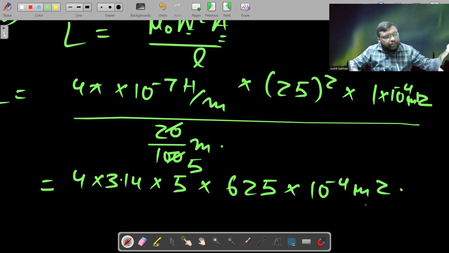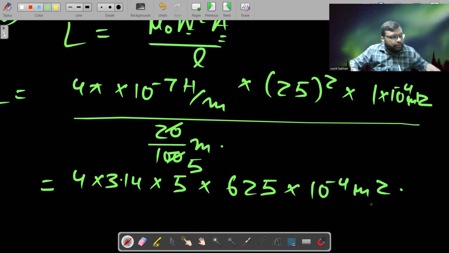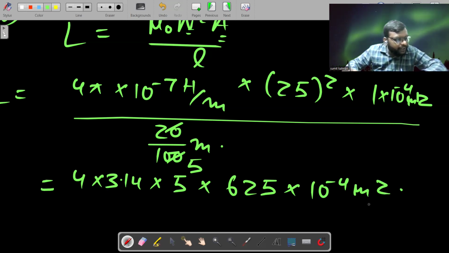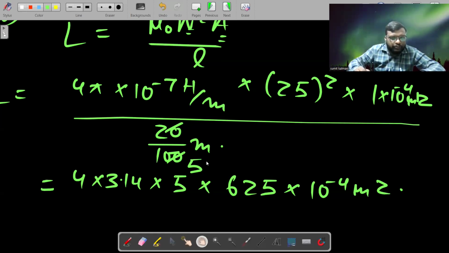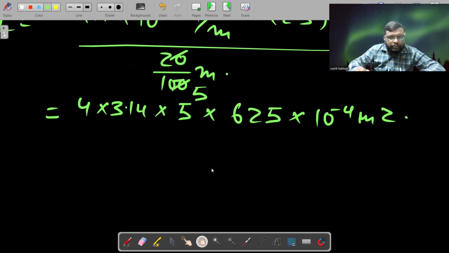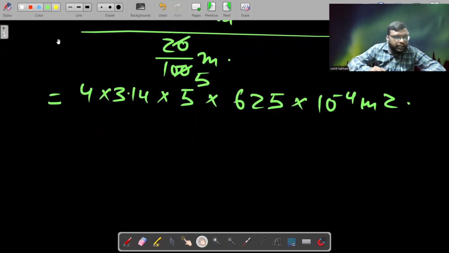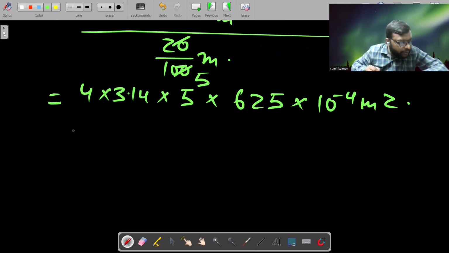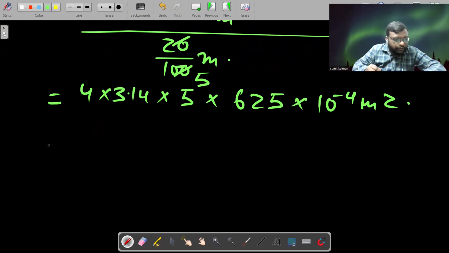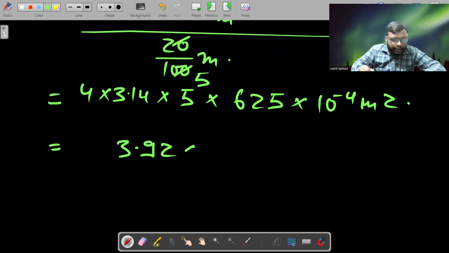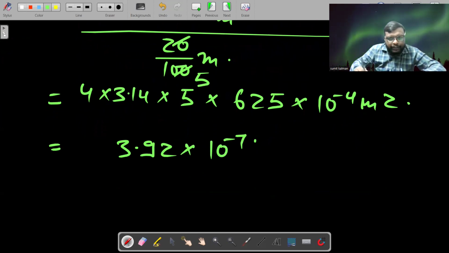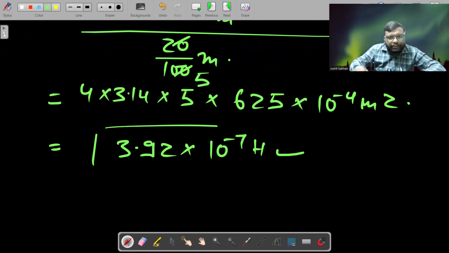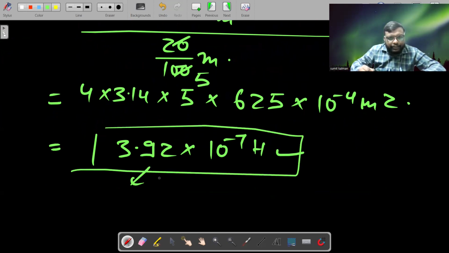So here students, if you simplify this, it will come out to be 3.92 into 10 to the power minus 7 Henry. So this is the right solution of this problem. This is the correct answer. This was the solution of this problem.